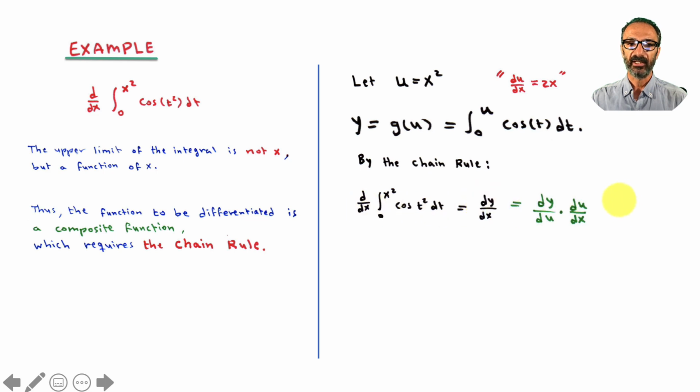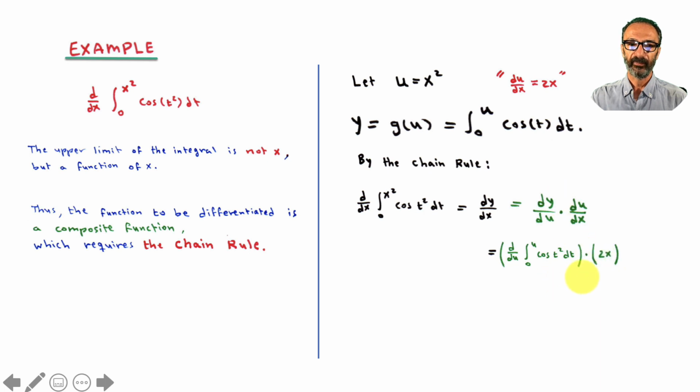Dy dx could be written as dy dx with du in between. So it's dy du times du dx. It's kind of like du cancels. What's dy du? It's d du of y. This is y. That should have a t square right here. And what's du dx? It's 2x.